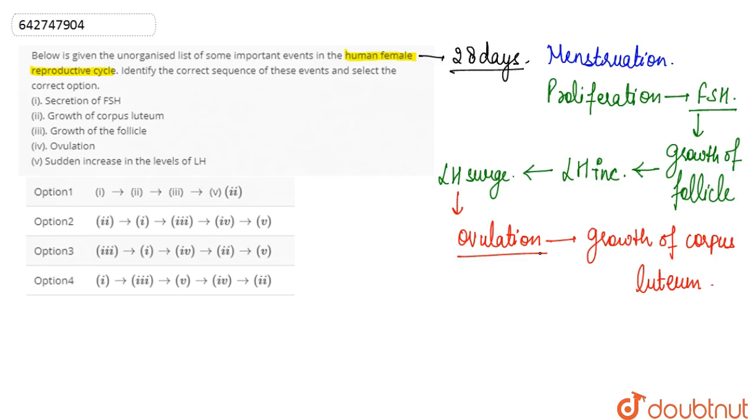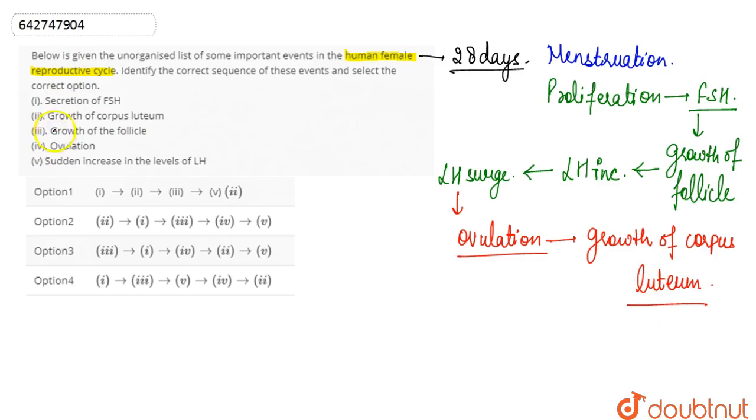The ovum is contained by the Graafian follicle, which is the mature follicle in which the ovum is present. Once the Graafian follicle ruptures, it releases the ovum, and then that empty Graafian follicle degenerates, regresses and gets converted into the corpus luteum.